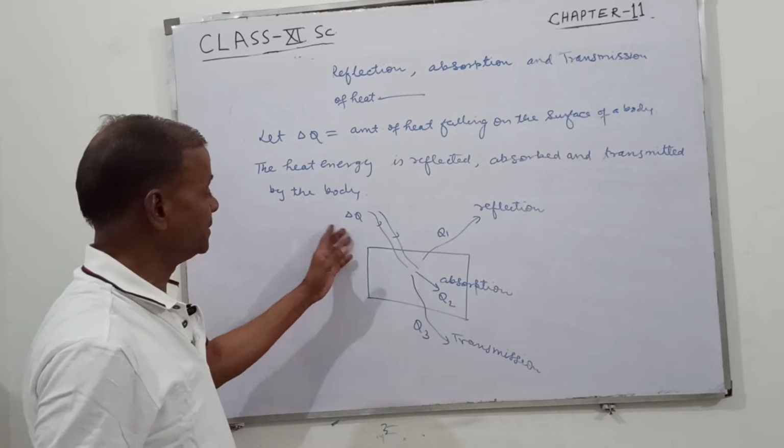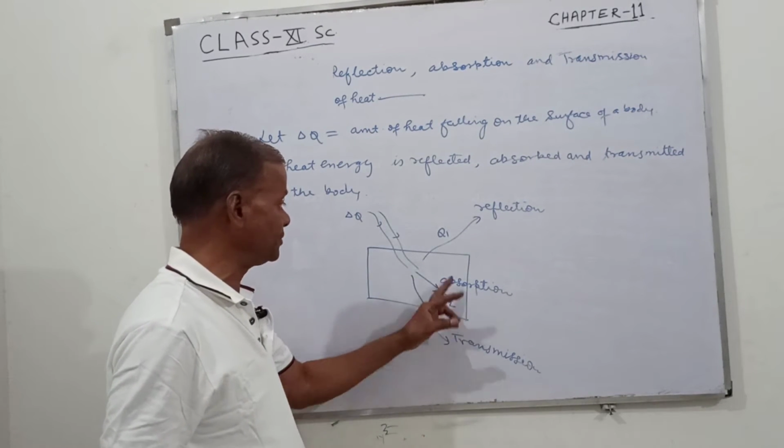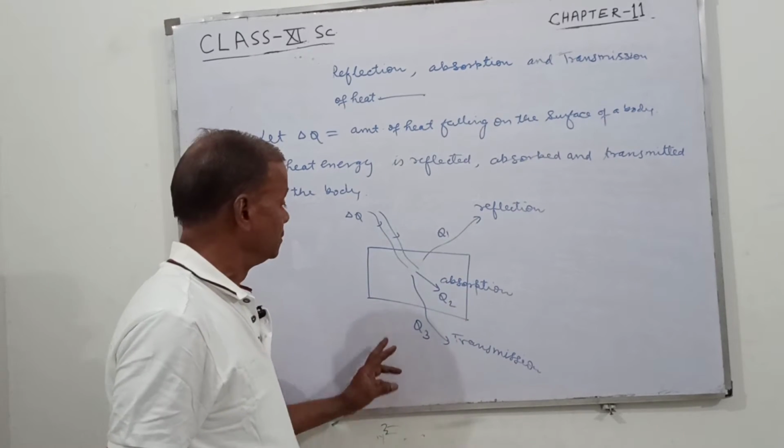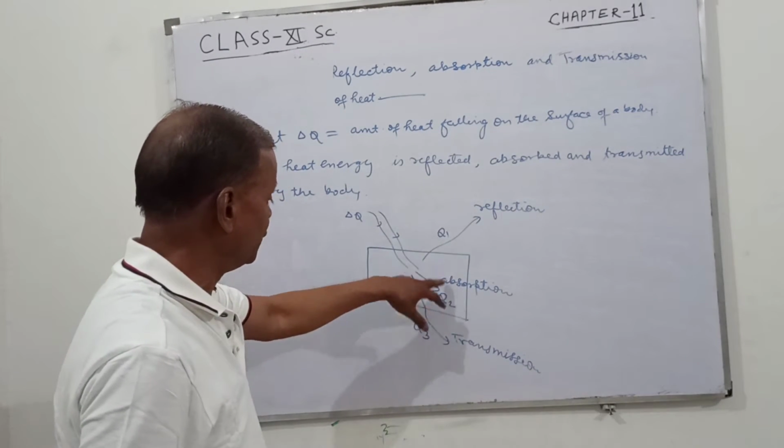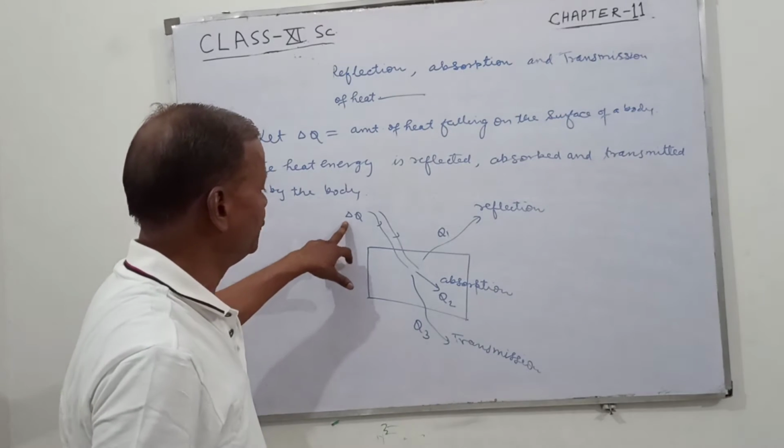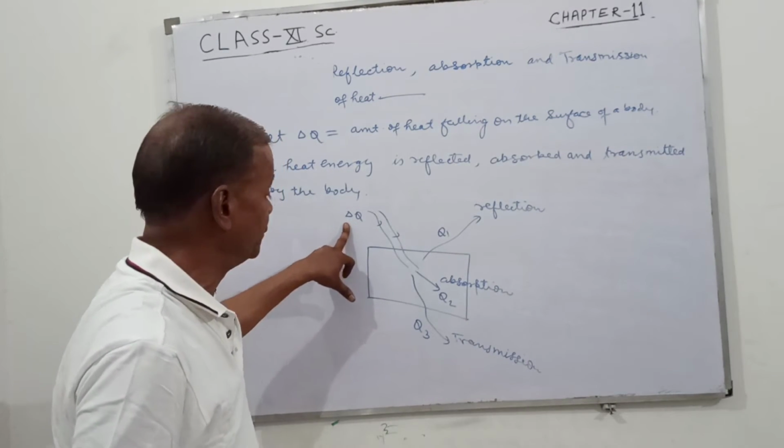So applying the law of conservation of energy, the sum of all these three amounts of heat should be equal to the amount of heat falling on the surface of the body.